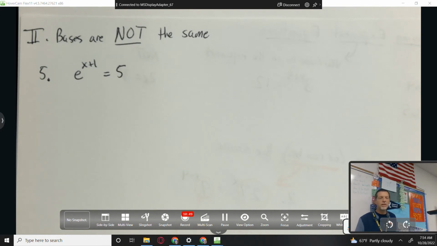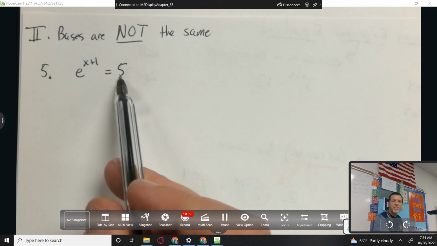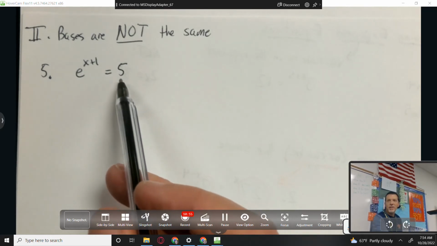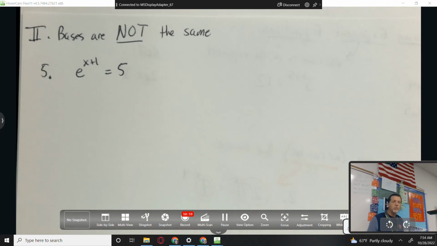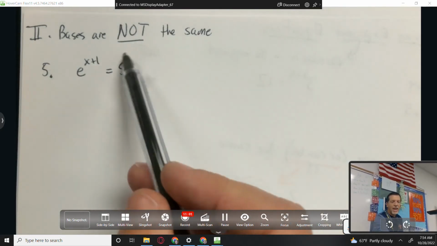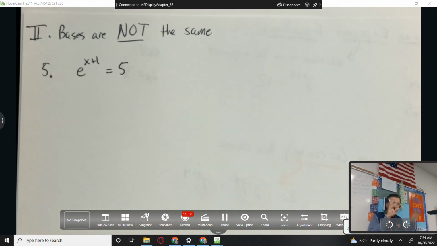Well, I don't know how to make both of those be the same base, right? I can't write 5 as e to, I mean, I guess I could, but I have no idea what that number would be, right? E to what equals 5? No clue. So I can't play the game we played on that last section where we tweak the bases and make a match.